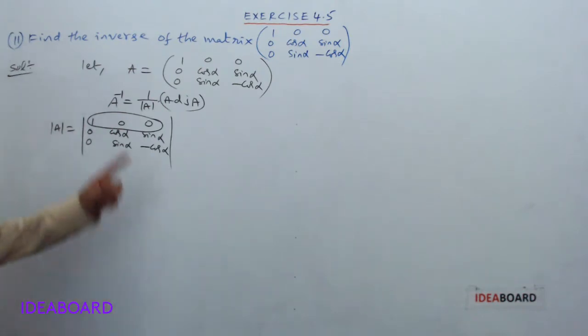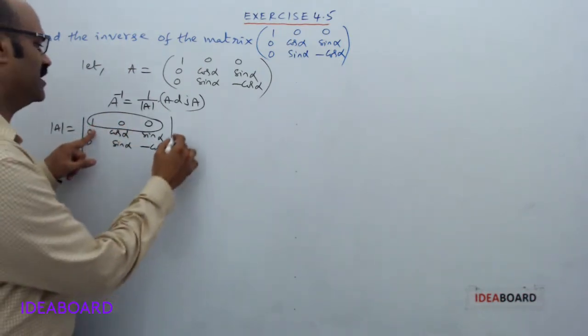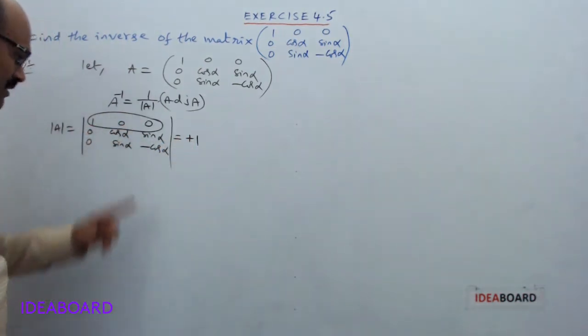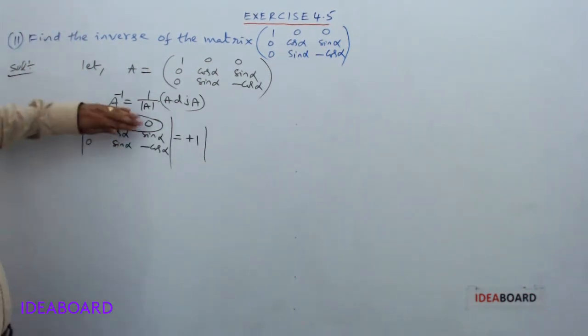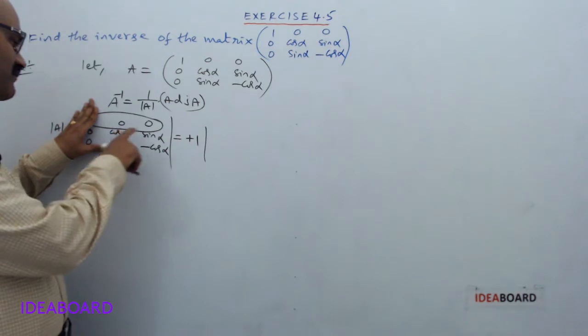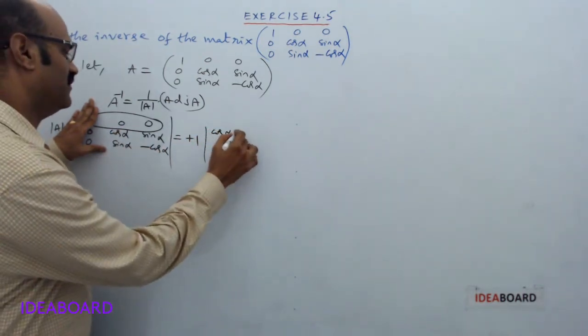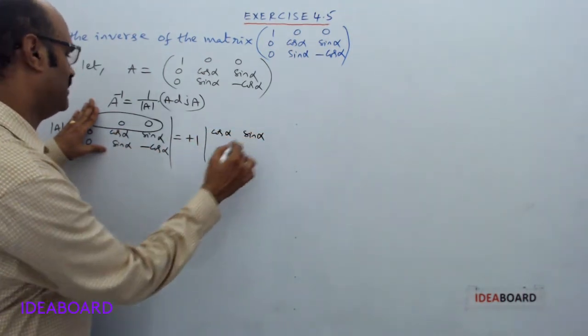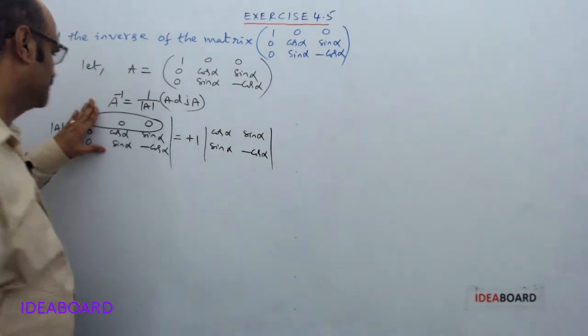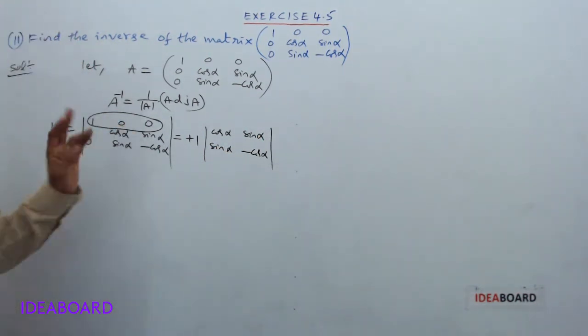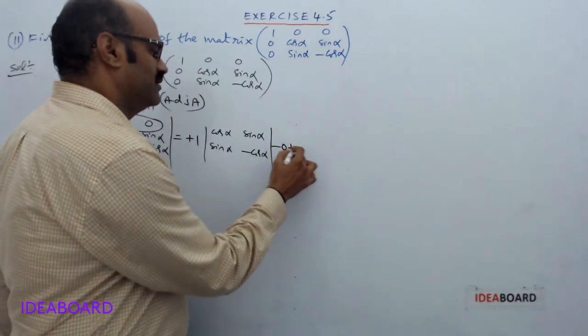R1. Expanding along R1, we have plus 1 into the determinant of the remaining 4 elements after removing the first row and first column: cos alpha, sin alpha, sin alpha, minus cos alpha. Next minus 0 into anything is 0, next plus 0.